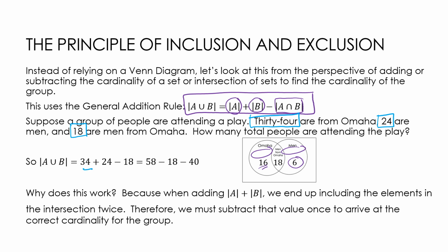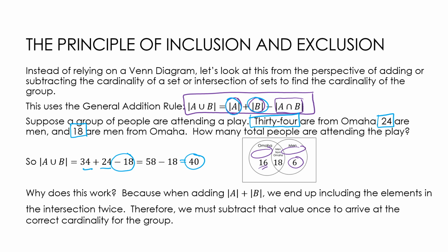Notice here I'm taking the number of elements in A, which is people from Omaha, plus the number of elements in B, which is the people who are men. I'm subtracting men from Omaha, and I get, that should be an equal sign, I get 40, just like I had on my last slide. So the question is, why does this work?